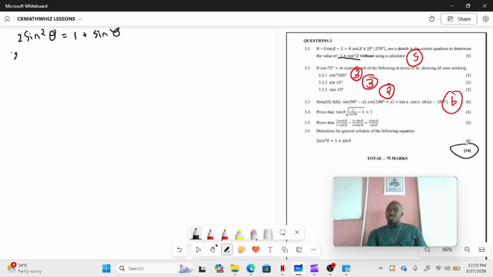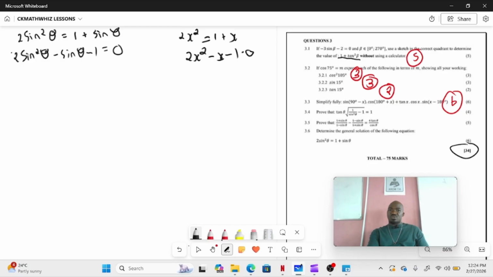Firstly, we're supposed to transpose everything to one side. Why? Simply because you can see that this is in the form of 2x squared, because there's a square there, equals 1 plus x. So if you want to simplify this, you're supposed to say 2x squared minus x minus 1 equals 0.